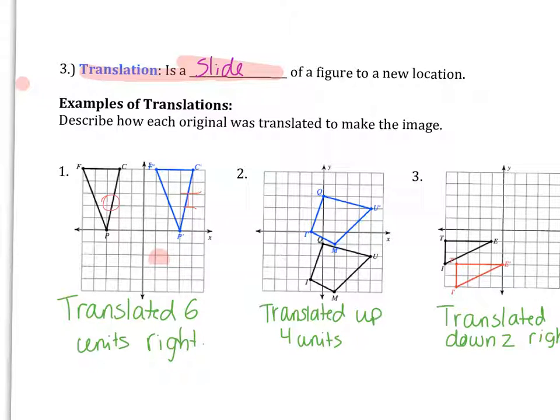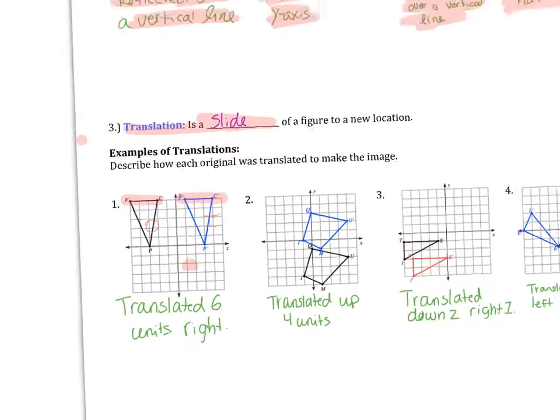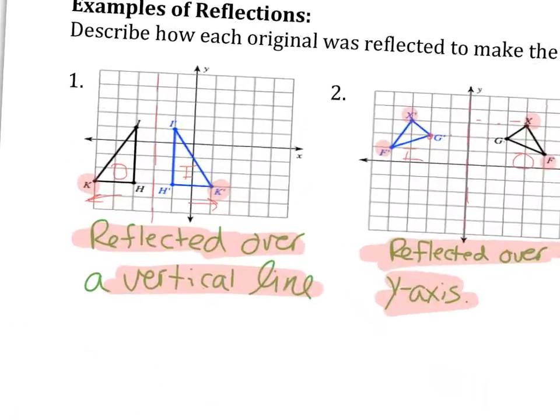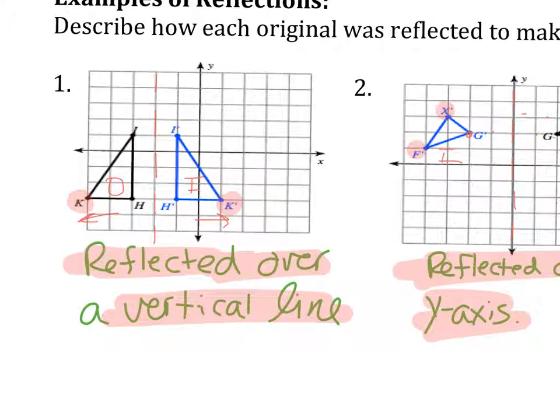So when you look at this one, it wasn't reflected. You might think that it was reflected, it was flipped over, but if you look at the order that the letters are in, on the original we go from F to C. And then on the image, we still go from F to C. If I slide back up here to one of these reflections, number 1, we went from K to H, and then we went H to K. So that's one way you can tell that it was a reflection and not a translation.